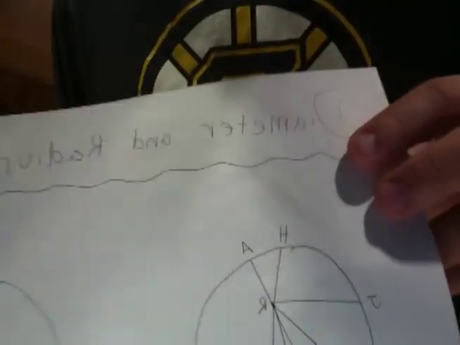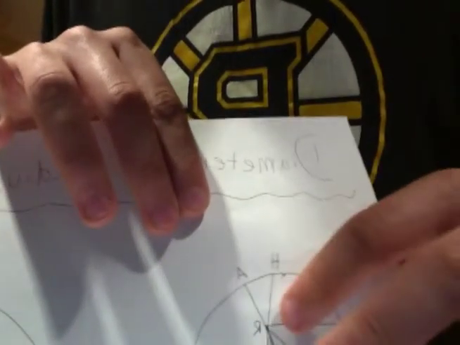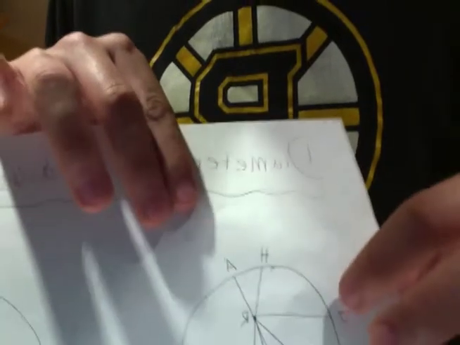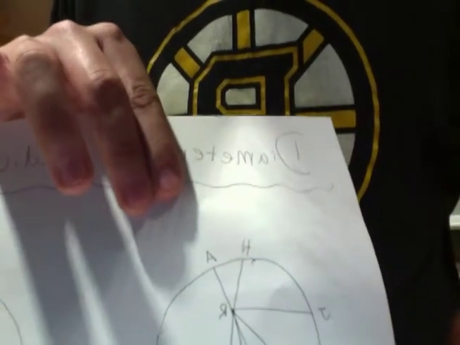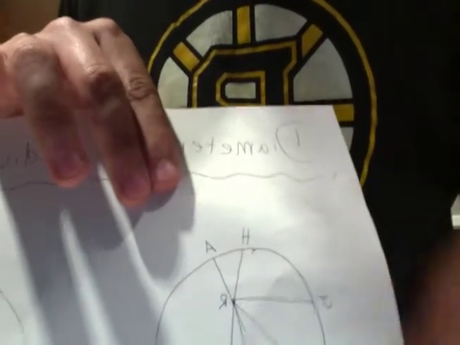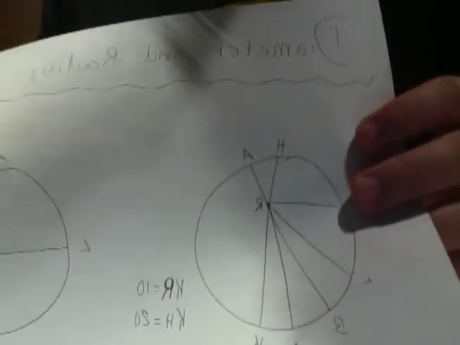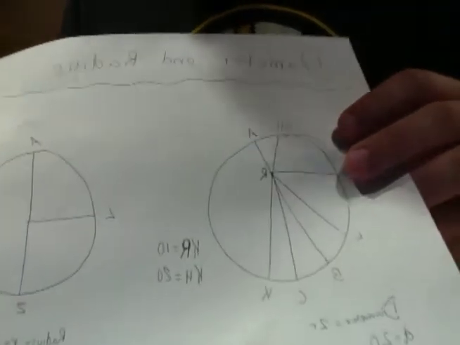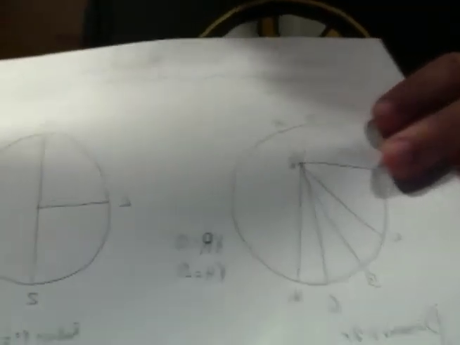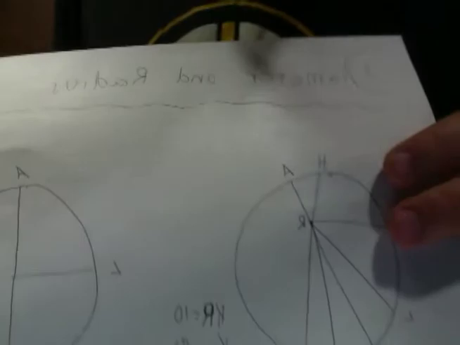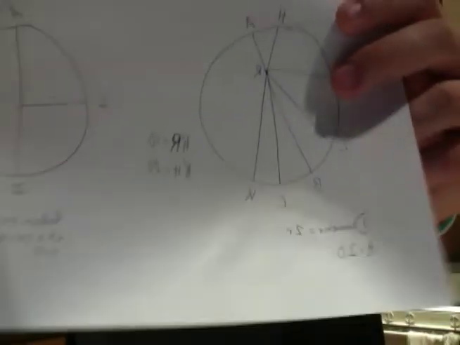The radius is half of the circle, so from like K to R. If K to R equals 10, and you're trying to find KH, which is all the way across, the diameter, you would just multiply the radius by 2, and you get 20, which is your diameter.